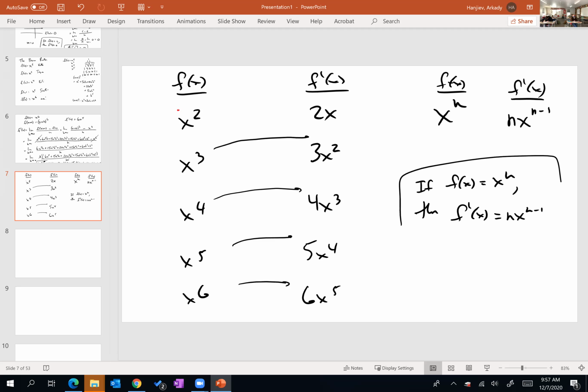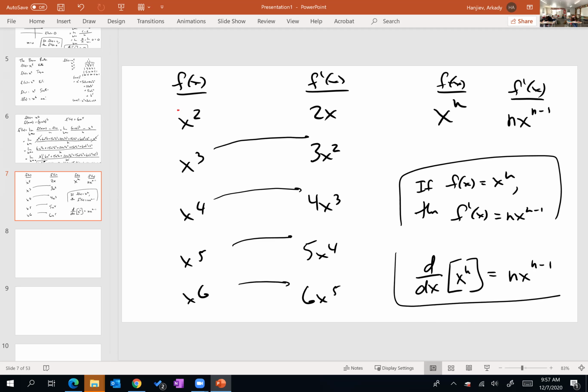So that's, again, one way of writing it. The other way of writing it is the derivative of x to the n. Another way of writing it. So those two pieces there. We're developing some rules. This is good. Constant rule is done. The power rule is done.